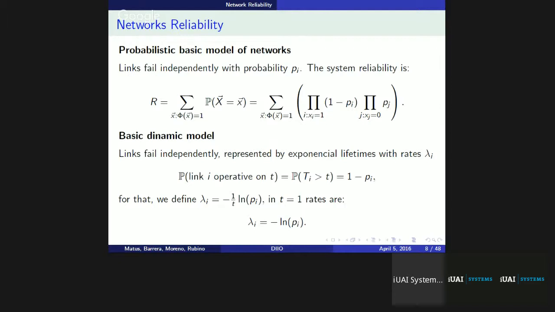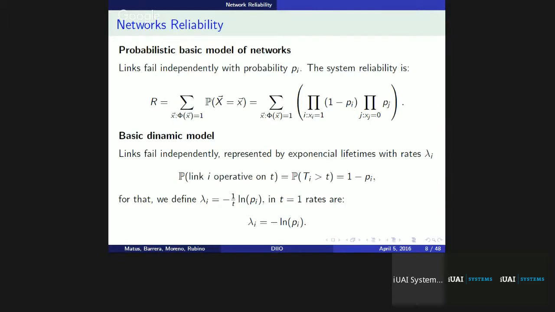Can you just explain that subset? What is it? That. Yes, this is a sum over each configuration where the system is operative.